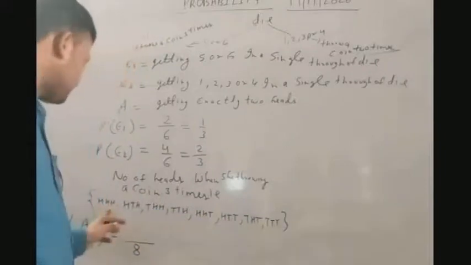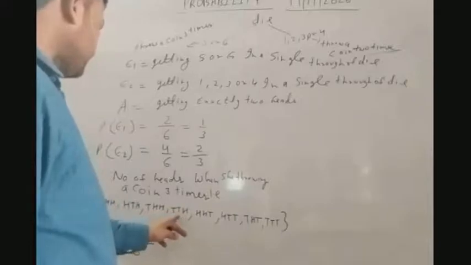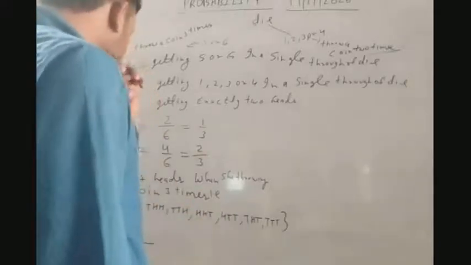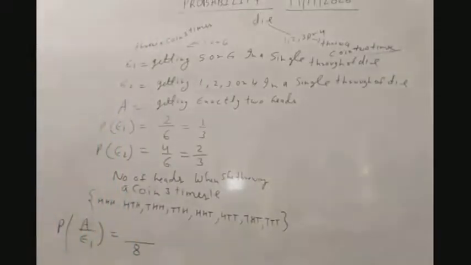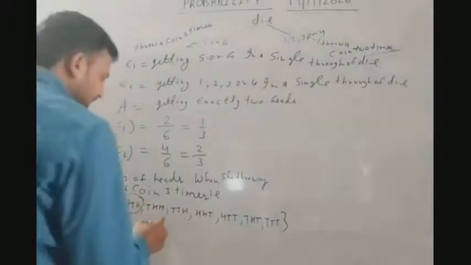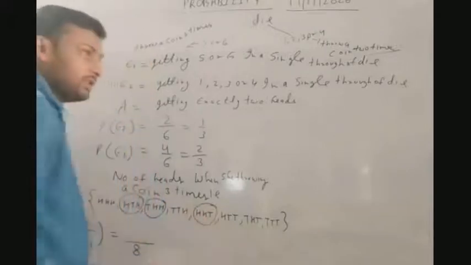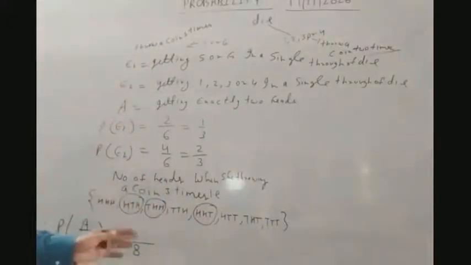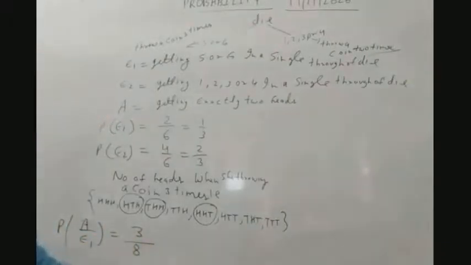All are different. So where are exactly 2 heads? Exactly 2 heads is here, here, and here. So the favorable number of outcomes is 3. So 3 by 8 is here.